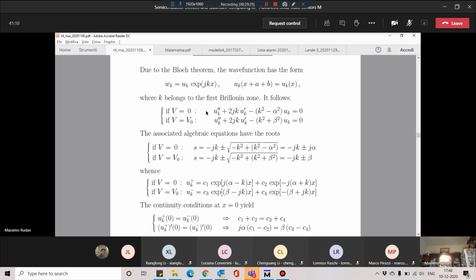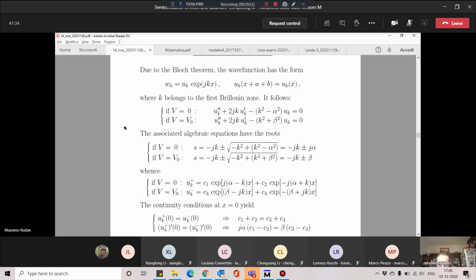In the other interval, in which v is equal to v0, we have an equation that is slightly different, but of the same type. Again a second order equation with constant coefficients. What is changed is just that we have k squared plus beta squared in the parentheses, okay?